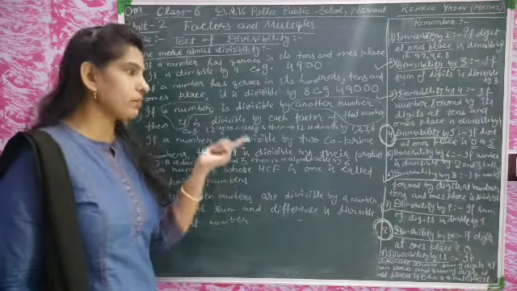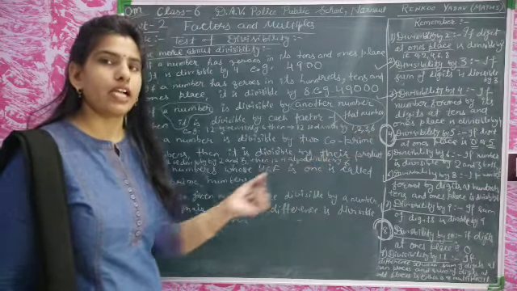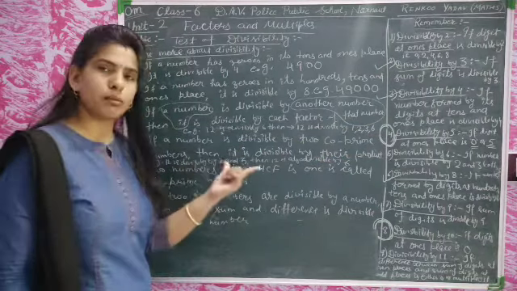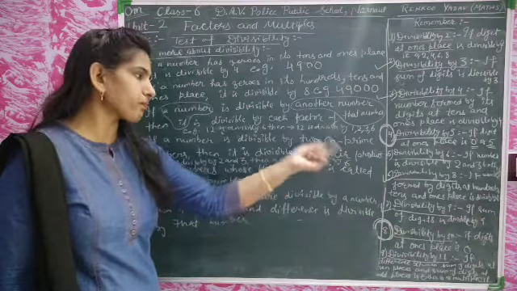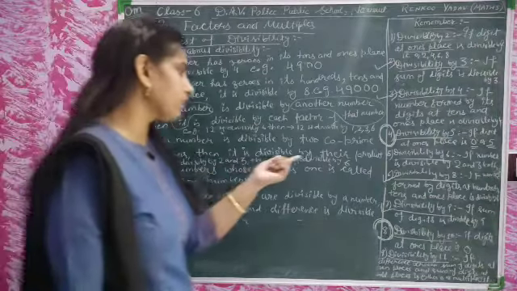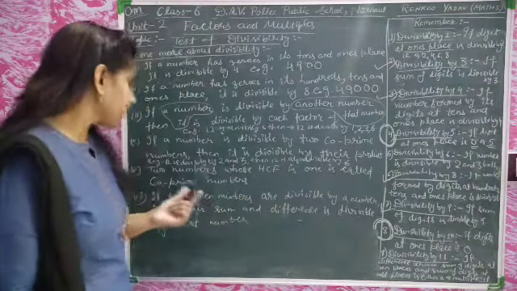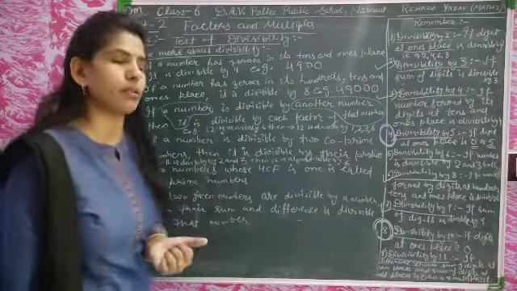12 is divisible by 6. Then 12 is divisible by its factors also. And if 12 is divisible by co-prime numbers, then it is also divisible by their product. So students, here is one definition: what are co-prime numbers?